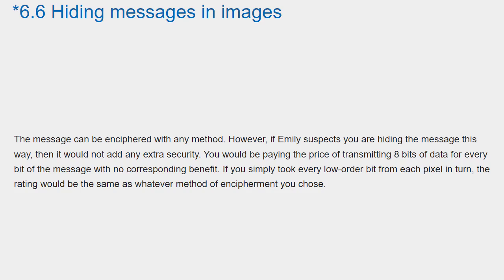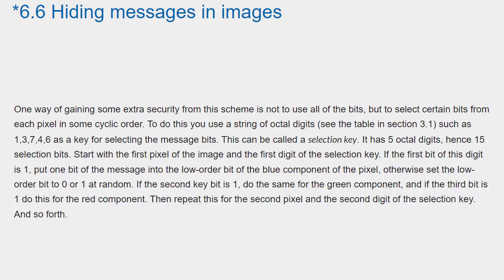However, if Emily suspects you are hiding the message this way, then it would not add any extra security. You would be paying the price of transmitting 8 bits of data for every bit of the message, with no corresponding benefit. If you simply took every low-order bit from each pixel in turn, the rating would be the same as whatever method of encipherment you use.